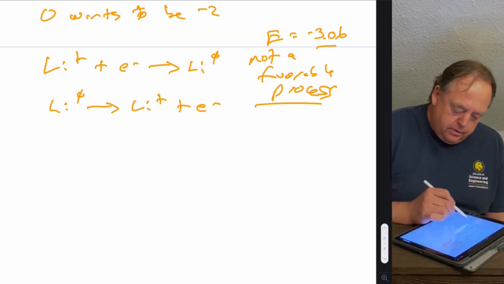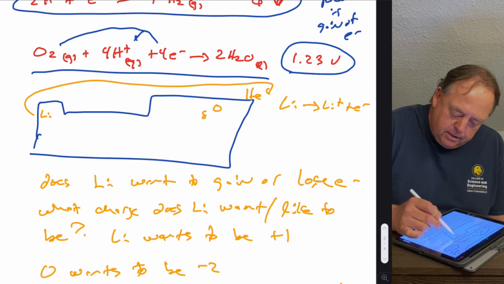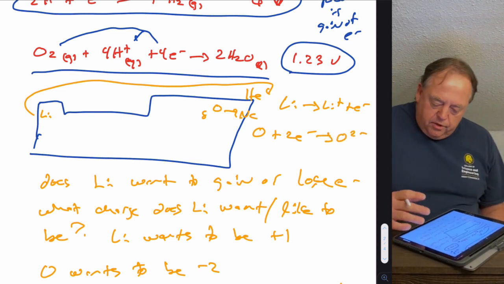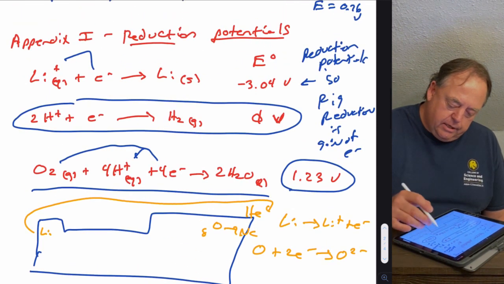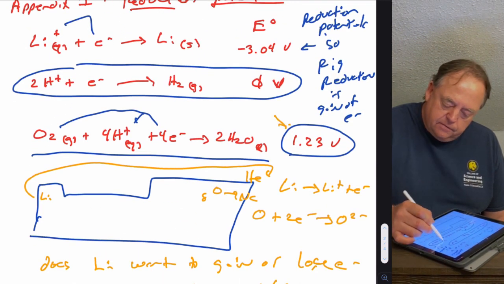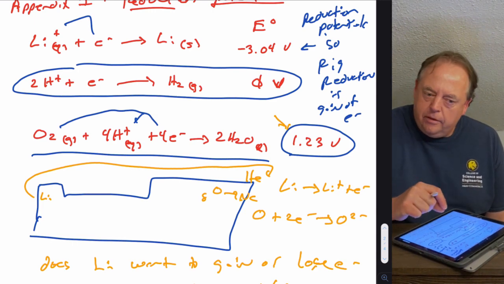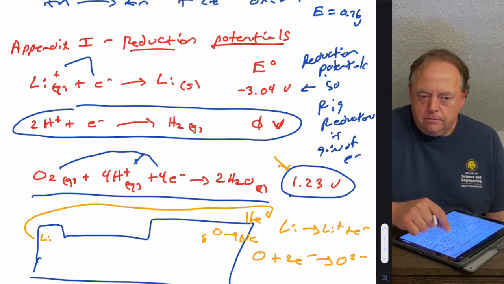And if it's oxygen, however, oxygen, of course, is atomic number 8. It wants to gain 2 electrons and look like neon. So oxygen does want to gain electrons, and that's why you would see its reduction potential is positive. Positive means that reaction is favorable in that direction. If it's negative, it's not favorable in that direction.